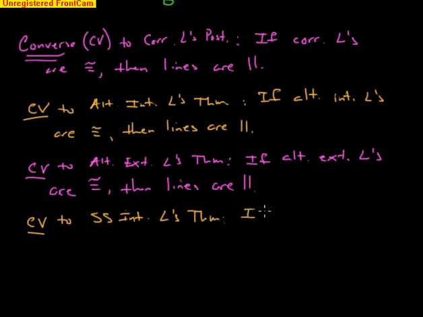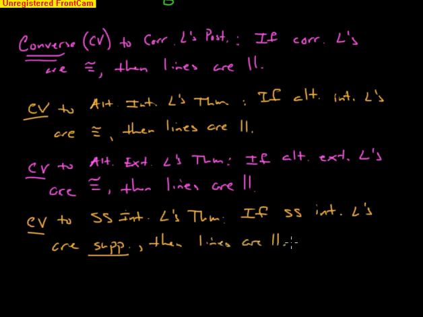Because same side interior angles, if same side interior angles, the SS, like we're naming a ship, if same side interior angles are supplementary, then lines are parallel. Okay? So we're going to do one proof, maybe two here, using these ideas.